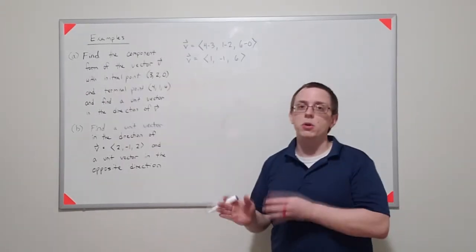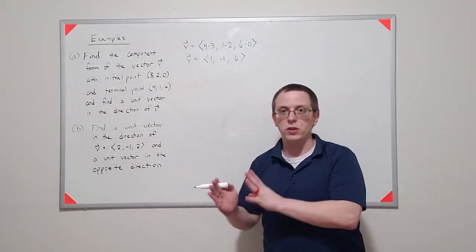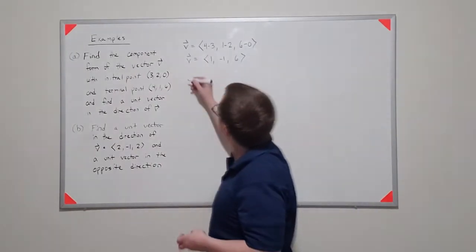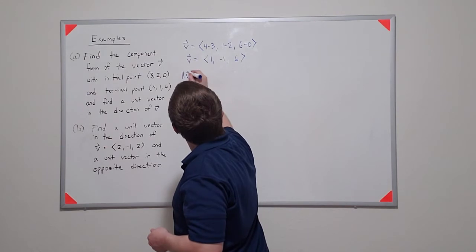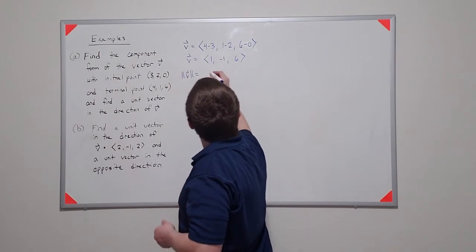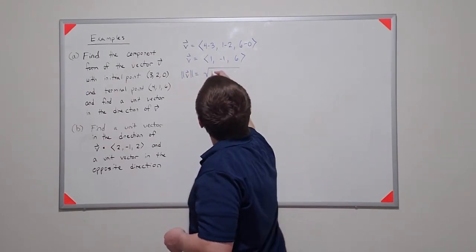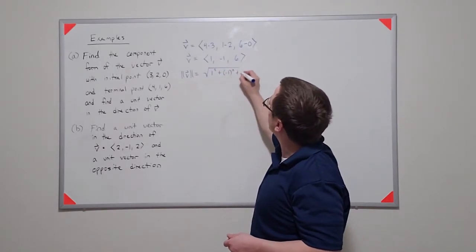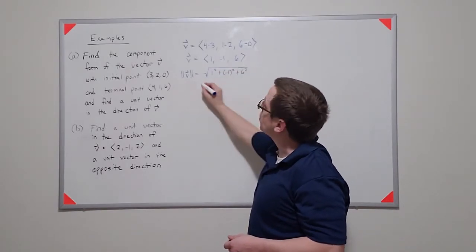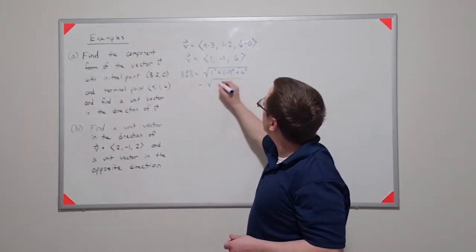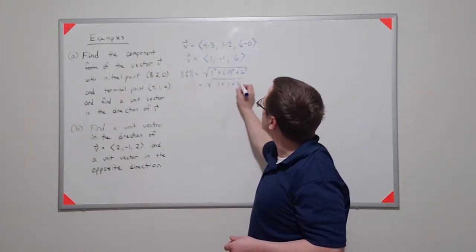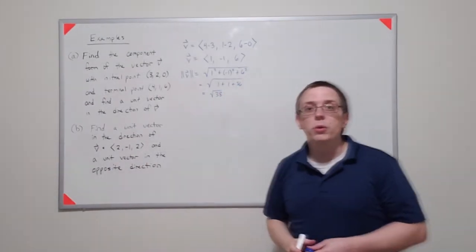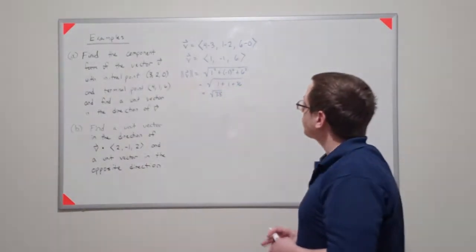So remember, to get a unit vector, we have to divide the vector itself by its magnitude. So we have to go ahead and get the magnitude. So that's 1 squared plus -1 squared plus 6 squared. So 1 plus 1 plus 36 is the square root of 38. Simple enough.